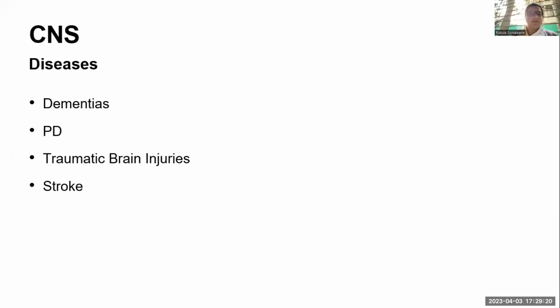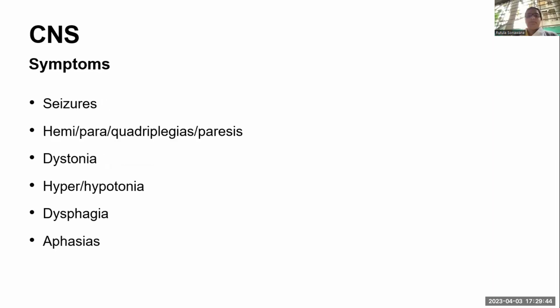Next slide, please. So coming to the CNS diseases, we have dementias, Parkinson's disease, brain injuries, traumatic brain injuries, and stroke. All of them will have some component of palliative care that would be necessary in the long-term care, especially the dementias and the neurodegenerative diseases. Next slide, please.